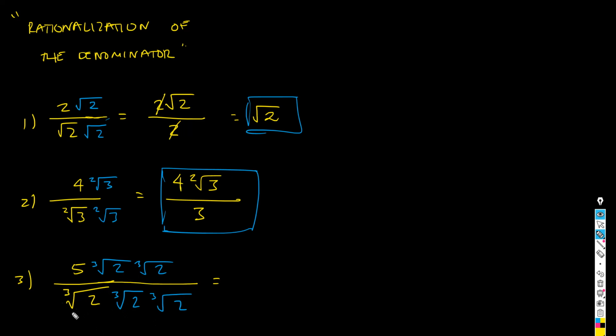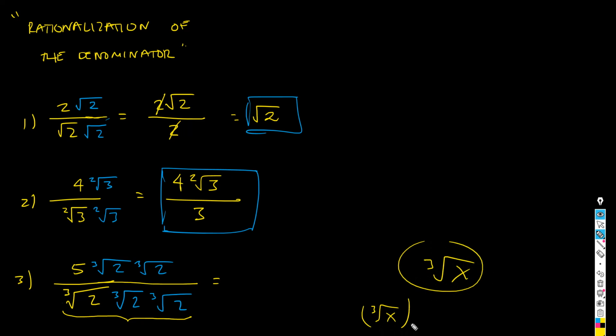The possible reason, guys, is so that I can employ the property of the cubic root. The cubic root of a number is a number that when you multiply by itself 3 times, you get the number inside the radical. Okay? So you have to have at least 3 cubic roots. And that's why I multiplied this cubic root times itself one more time.